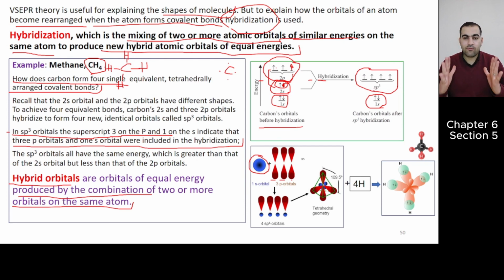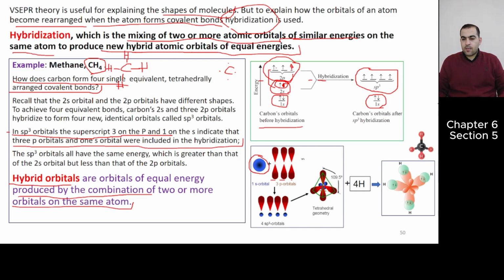Now carbon is ready to make 4 single bonds. So this is how the orbitals of atoms become rearranged when carbon makes 4 single bonds, forming a tetrahedral shape.